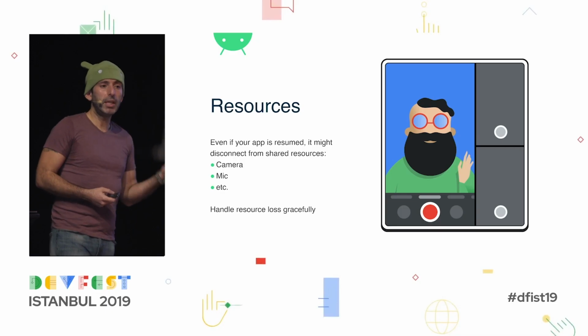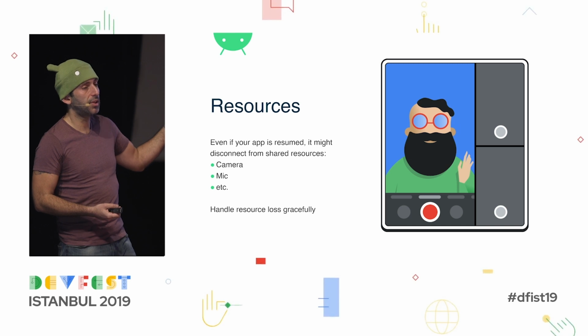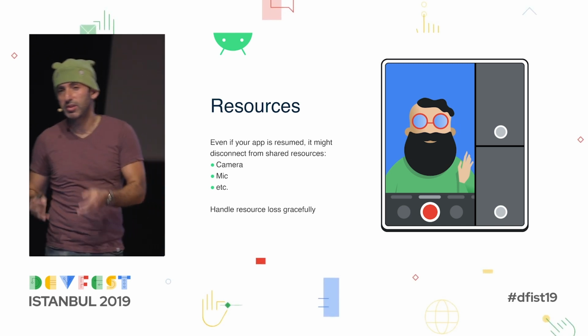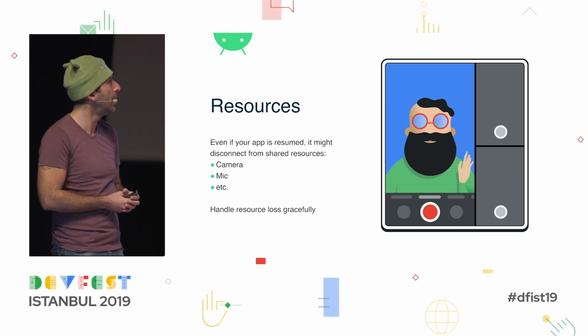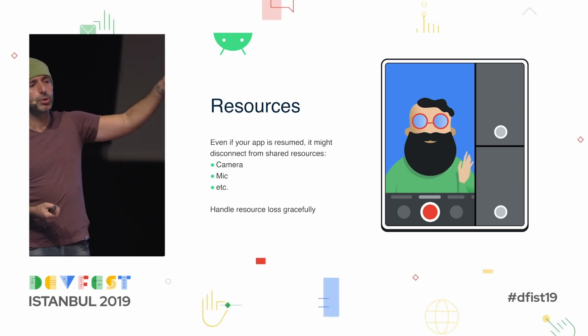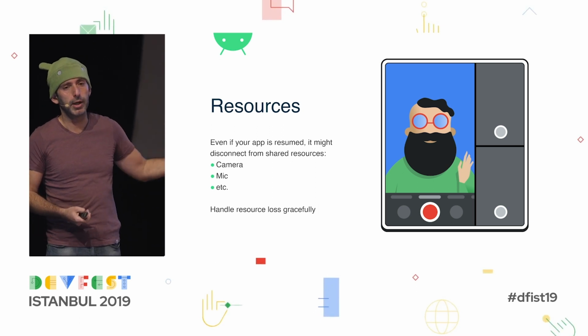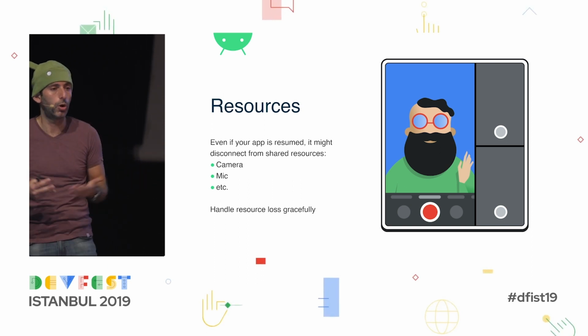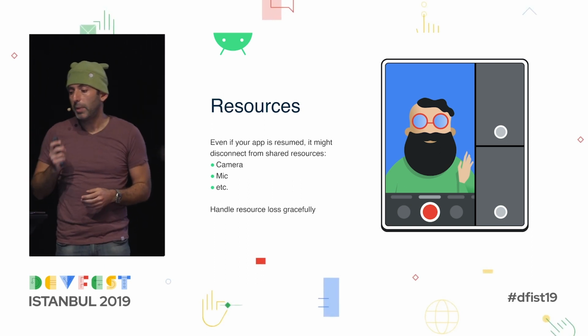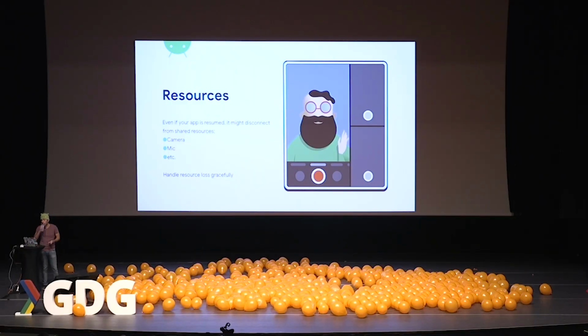But the more than one resumed app means your app might lose some resources. And when I say resources, it's hardware resources. So if 3 apps in resumed state are trying to use the camera, only one app will be able to get the camera or microphone or other hardware resources. So make sure you check the availability callbacks and handle on disconnect callbacks, and make sure you have the resource you want to use.